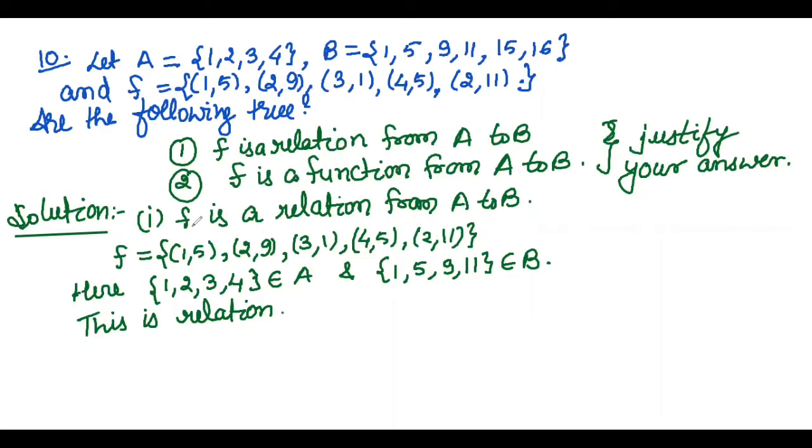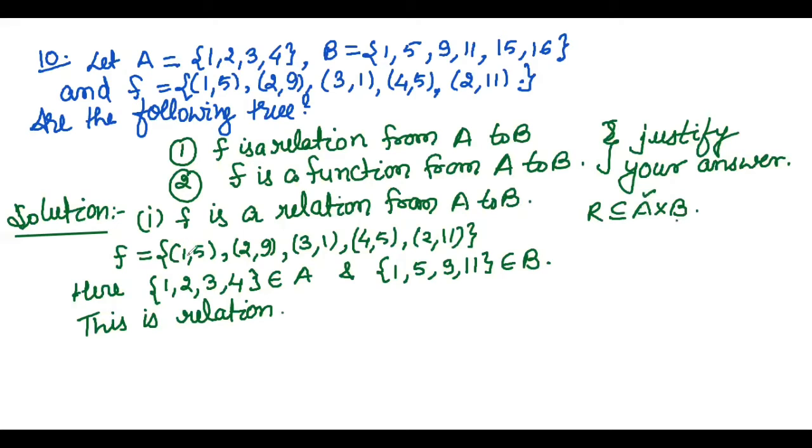So first I'm taking here F is a relation from A to B. So we know that whenever we have to find out relation, R is a subset of A cross B, means we have to take first element of ordered pair of R from set A and second element from set B.